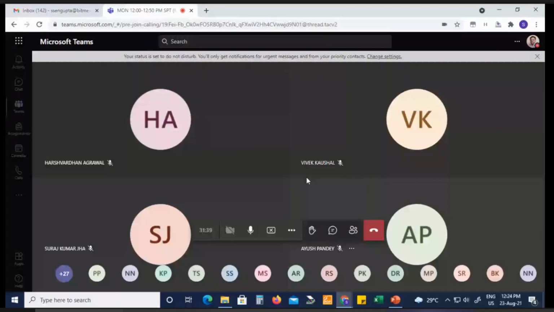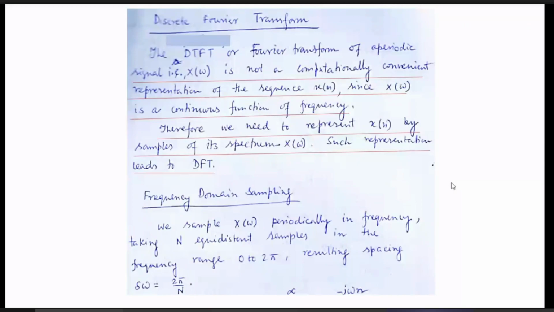Then we go to the topic related to the Fourier transform, that is the discrete Fourier transform. Earlier we have studied the discrete time Fourier transform. Let us see the diagram.